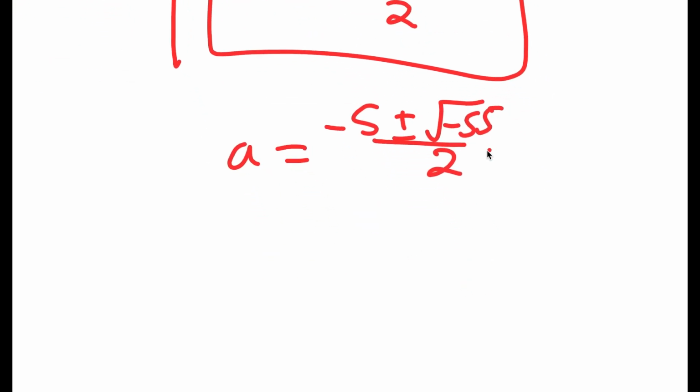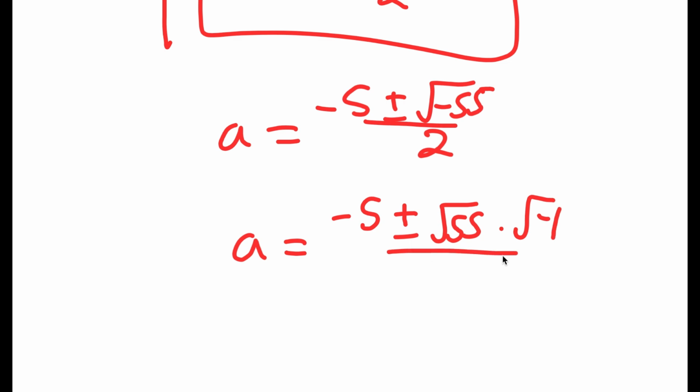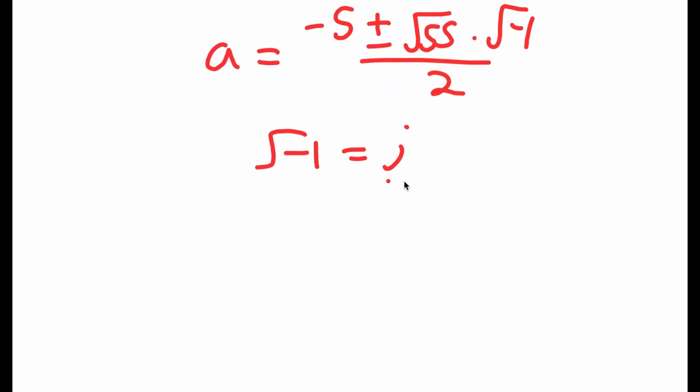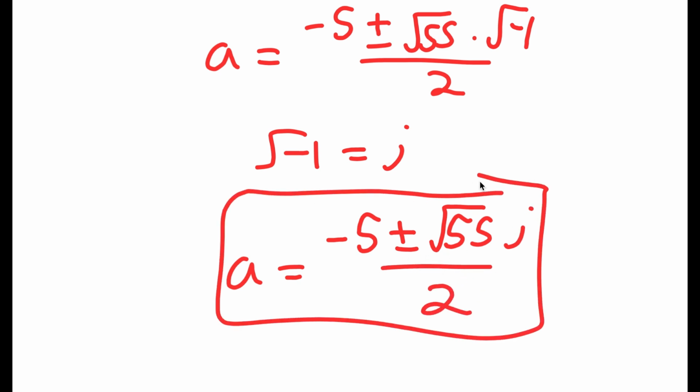And the square root of negative 55, I can rewrite as the square root of 55 times the square root of negative 1. And if you didn't already know, the square root of negative 1 is equal to the imaginary number i. So if I replace the square root of negative 1 with i, I get a is equal to negative 5 plus or minus the square root of 55 i over 2. So that's how I got the square root of 55i.